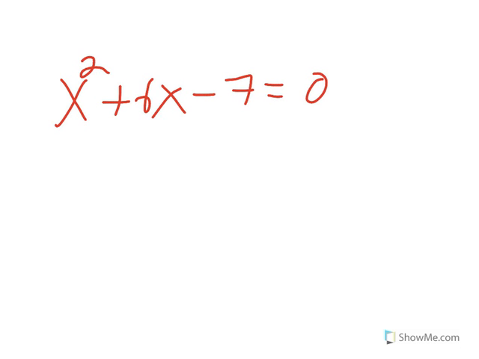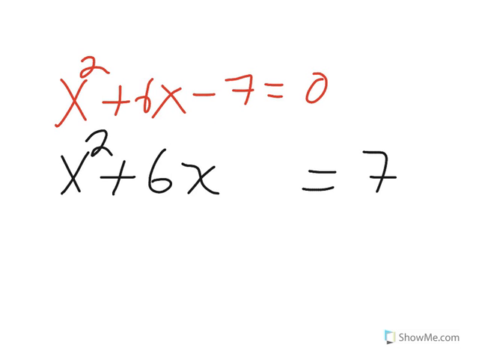So we're going to do this problem here. If I had x squared plus 6x minus 7 equal to 0. Well, to complete the square, what I'm going to do is get everything with my x's over to one side. So what I did is I added 7 to both sides.